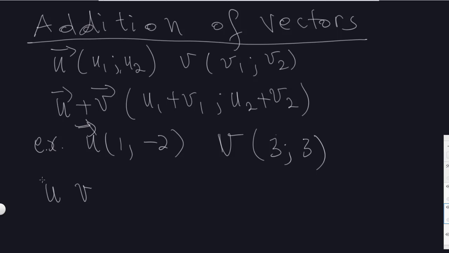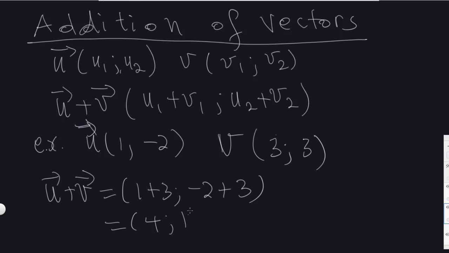Vector u plus vector v will be 1 plus 3 and minus 2 plus 3. So the addition of these two vectors will give us 4 and a 1.